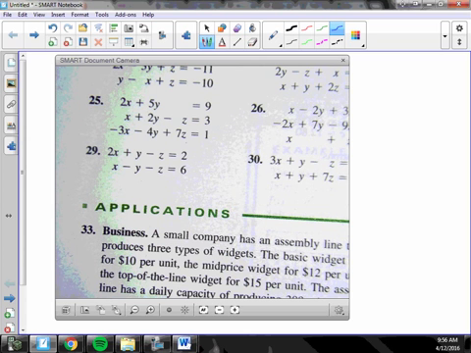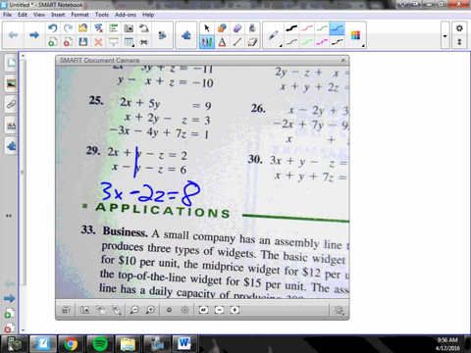Well, a line is given as any two variables, right? So if I add them together, I get 3x, the y's cancel, minus 2z equals 8. That is the equation of the intersection.